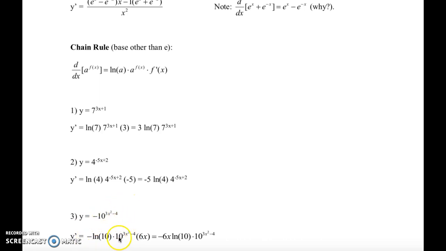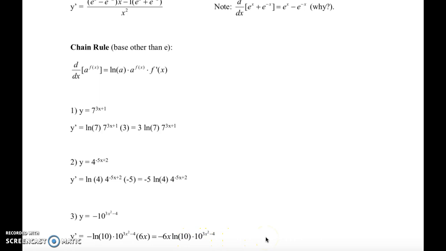Times the 10 to the 3x squared minus 4 times the derivative of the exponent, which is 6x. And we pull that 6x to the front. So we have negative 6x ln of 10 times 10 to the 3x squared minus 4.